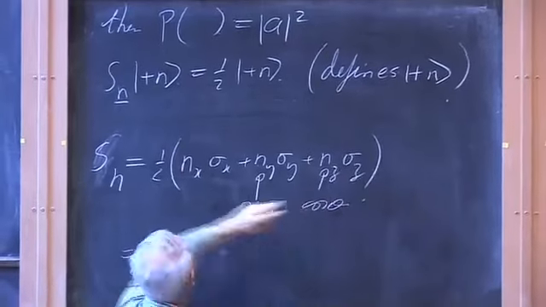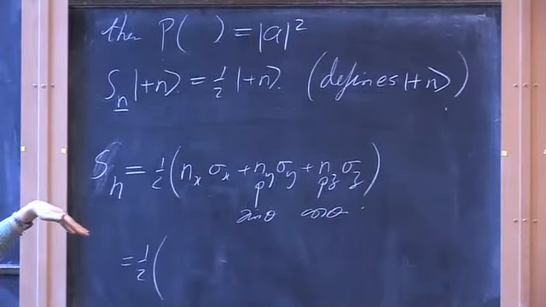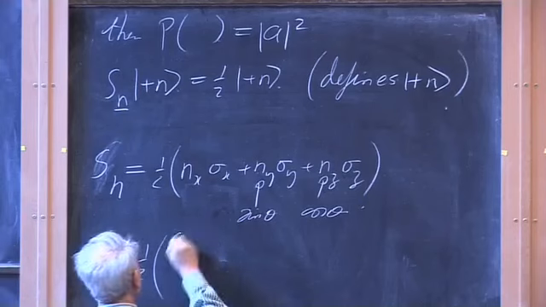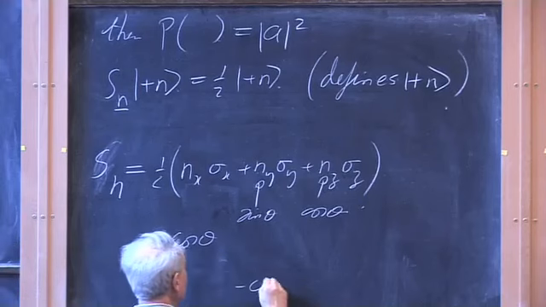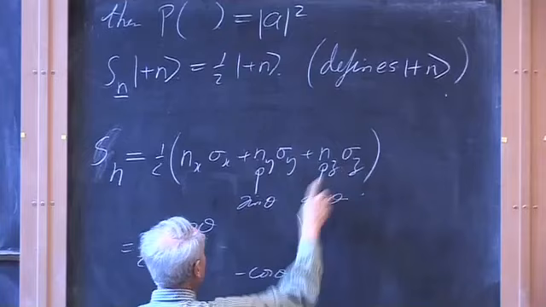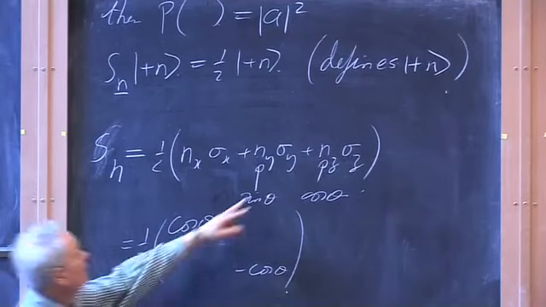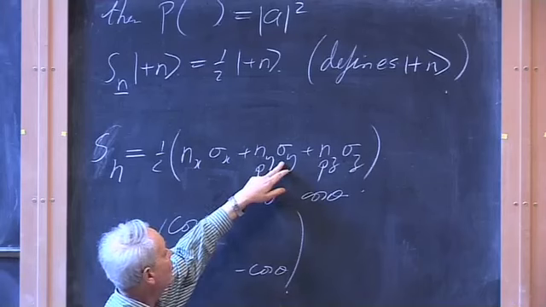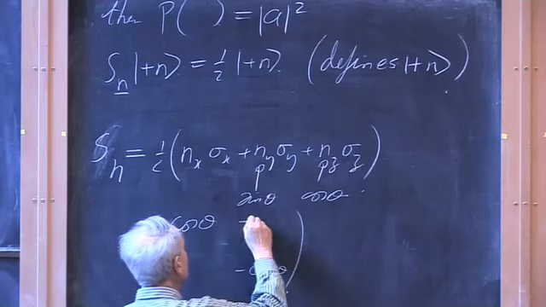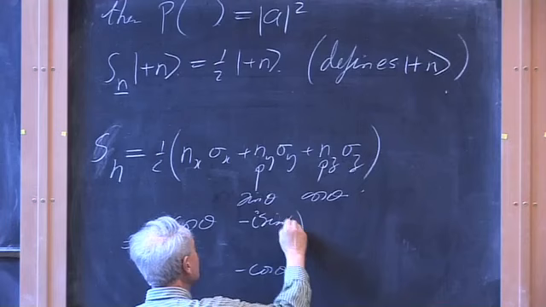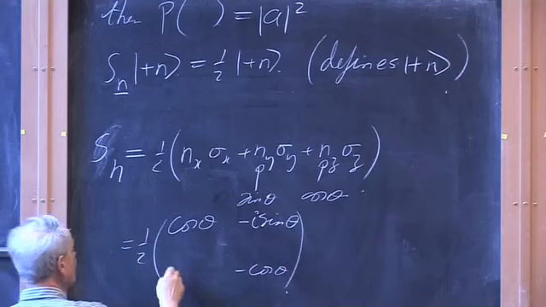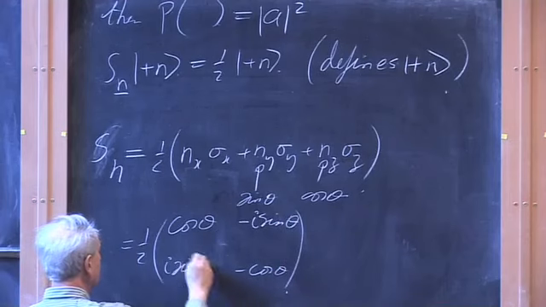now sigma z we've got up there, it's got 1 in the top left-hand corner and minus 1 in the bottom, so I get a cos theta and a minus cos theta appearing on the diagonal because of sigma z. And this has got a minus I in the top right-hand corner, so we get a minus I sine theta appearing there, and its complex conjugate has to appear down here.